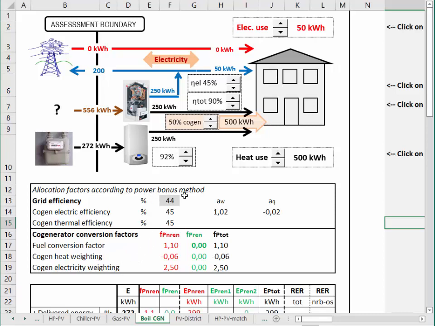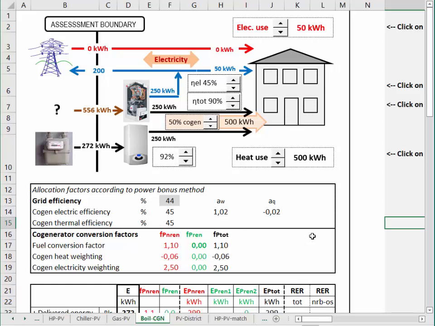Since we use the power bonus method, the equivalent conversion factor for the electricity produced by the cogenerator is the same as grid electricity. And since the allocation factor is negative for heat, you see that we have negative weighting factors for the heat produced by the cogenerator. Other allocation methods do not provide negative values in any case. For more information about allocation methods, see EN 15316-4-5, which is dedicated to cogeneration.